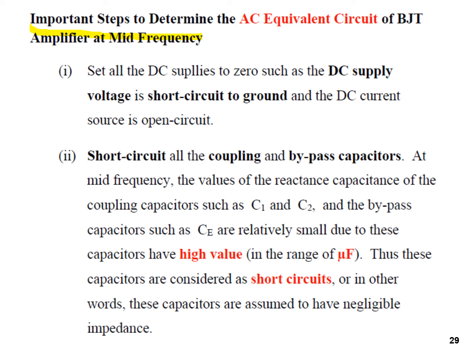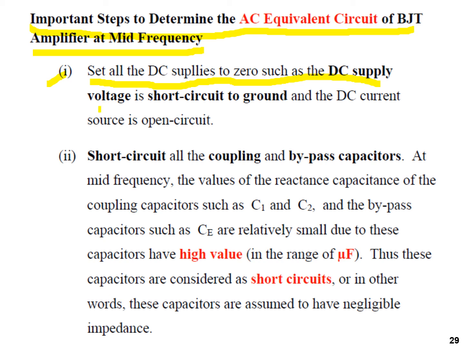Important steps to determine the AC equivalent circuit of a BJT amplifier at mid frequency. First, set all the DC supplies to 0, such that the DC supply voltage is a short circuit to ground. Second, short circuit all the coupling and bypass capacitors.